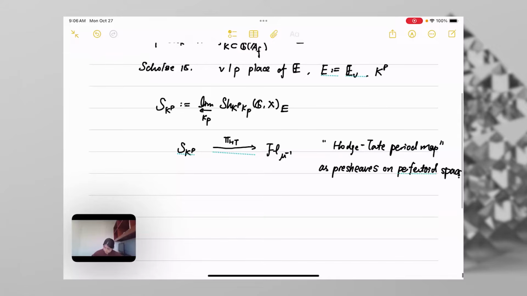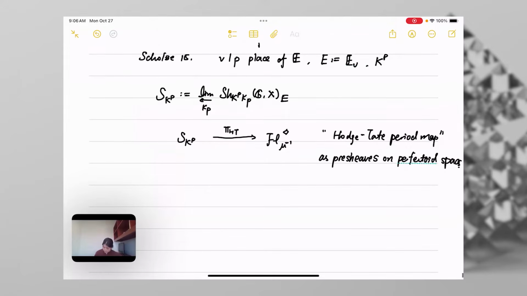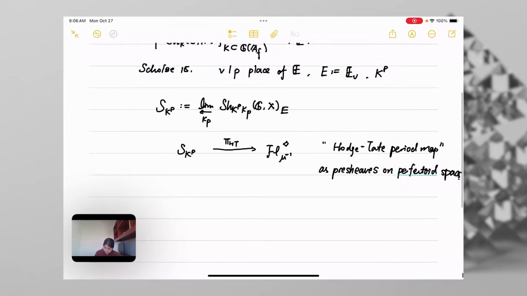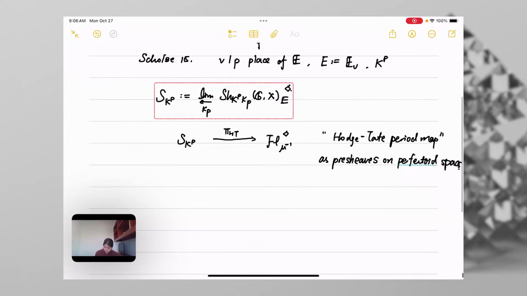For this purpose, sometimes we will use an upper small diamond to denote that these are tested on perfectoid spaces, similarly here. Later, Caraiani and Scholze used this map to study the cohomology of Shimura varieties, where the basic idea is that one can use a Leray spectral sequence for this map.